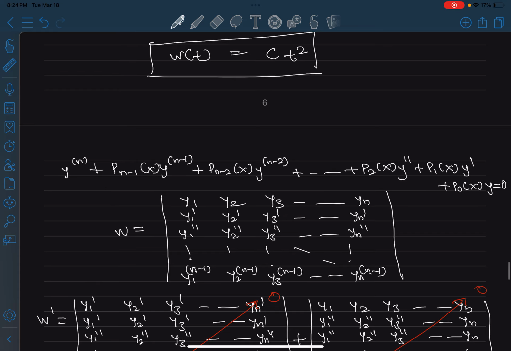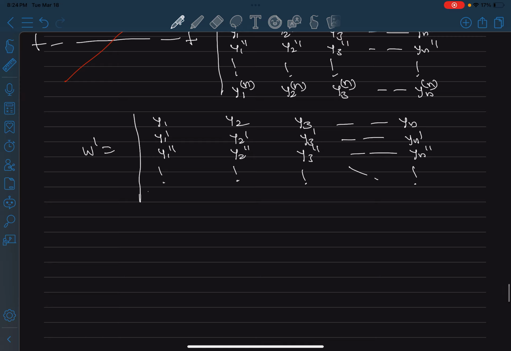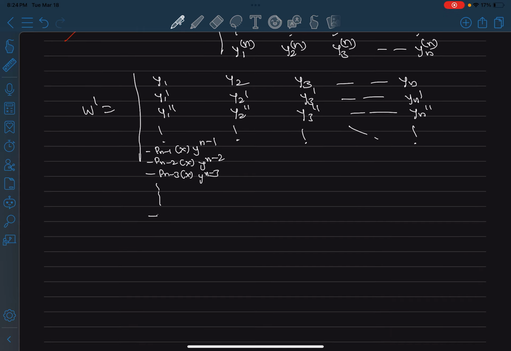We know that we can write it as this whole thing going to the other side, right? So this becomes negative p n minus 1 of x, y to the n minus 1, negative p n minus 2 of x, y to the n minus 2, negative p n minus 3 of x, y to the n minus 3, and so on, up to negative.